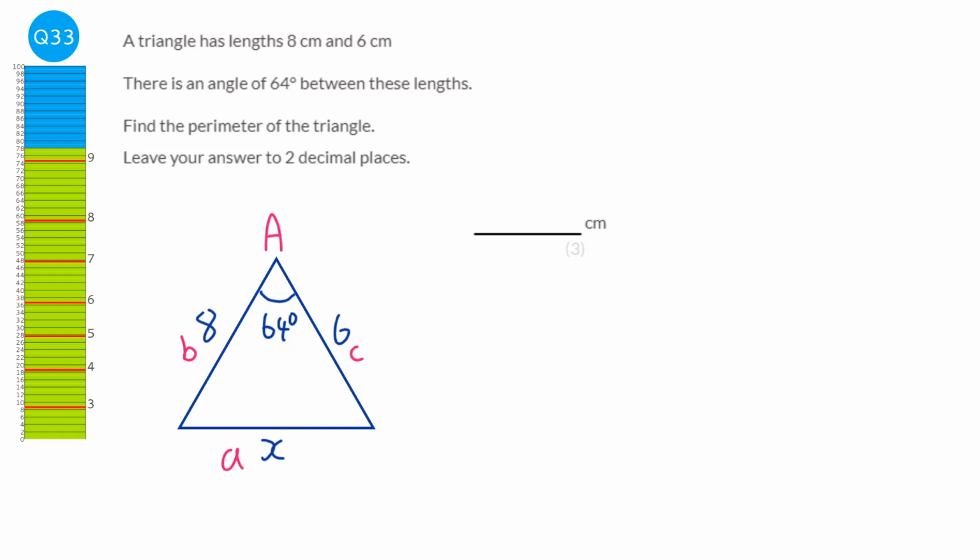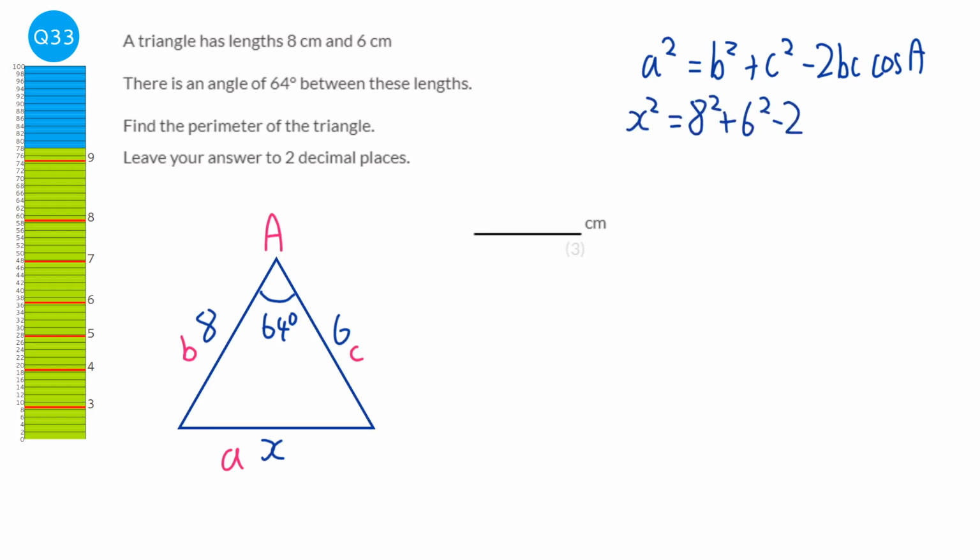So we're going to write down the cosine formula. It's a squared equals b squared plus c squared minus 2bc cos A. So that would be x squared equals 8 squared plus 6 squared minus 2 times 8 times 6 times cos 64.